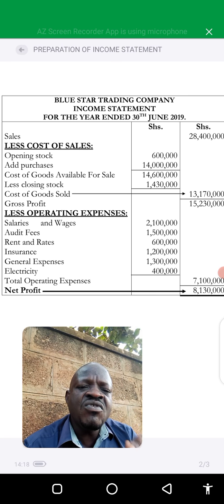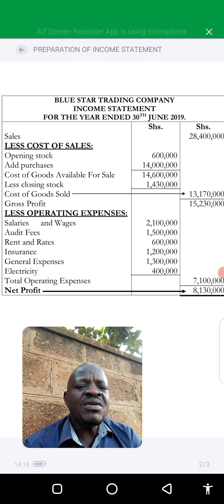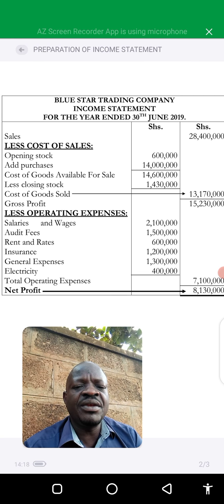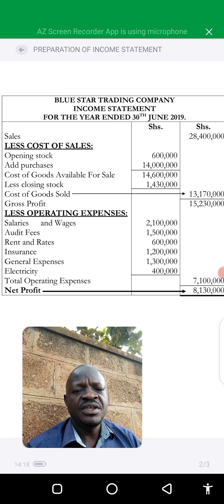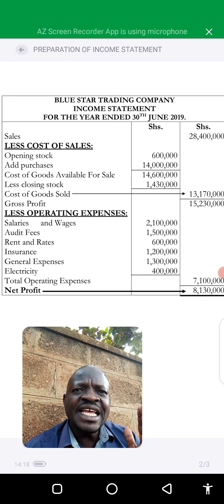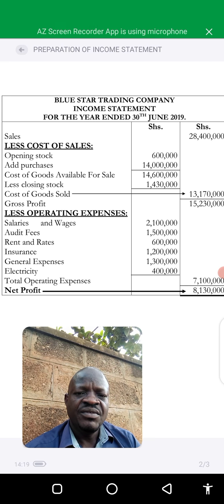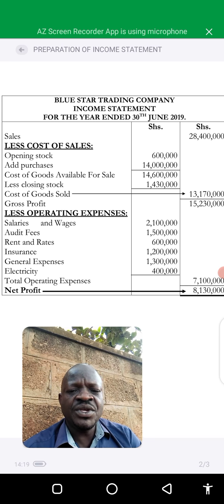Now, after you have got our gross profit, we shall come and say less operating expenses. What are operating expenses? These are expenses you incur when you are running a business. For example, there are many, though the question has a few.